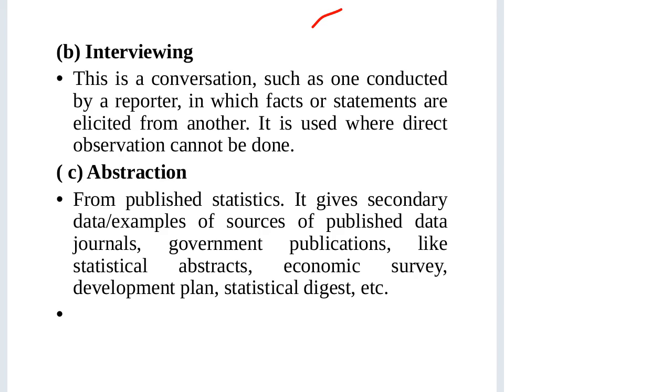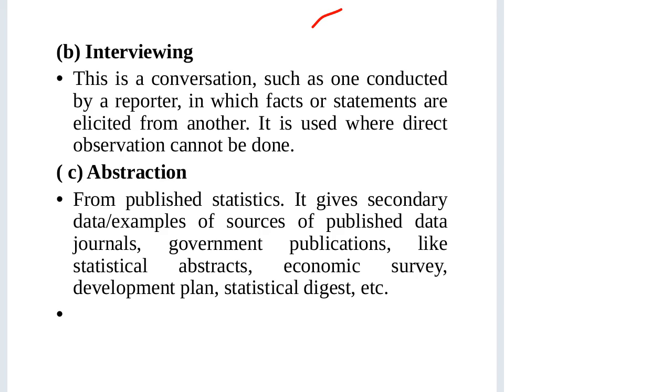For example, we have the economic surveys that are published yearly, and they contain a lot of information regarding the Kenyan economy in all aspects of life, from education, health, manufacturing, everything. They're normally contained in the economic surveys that are carried out yearly.